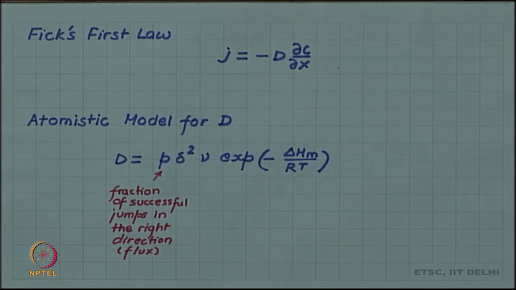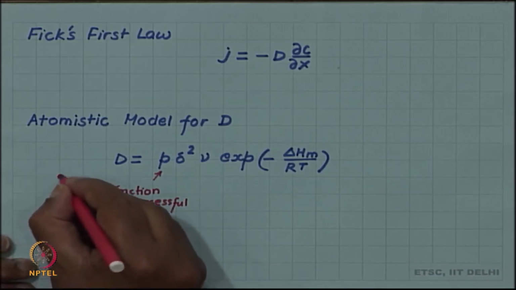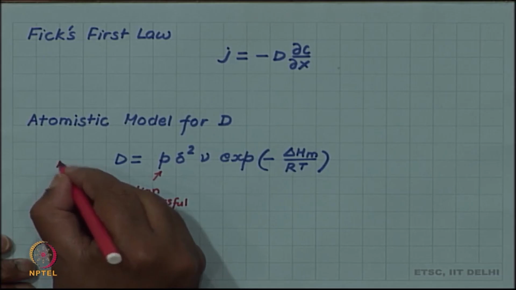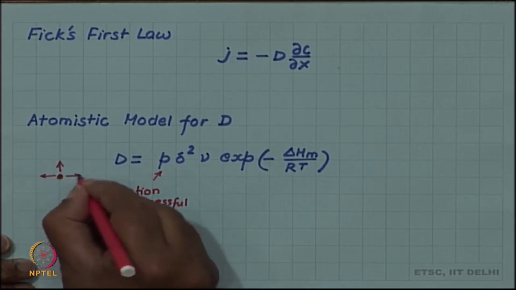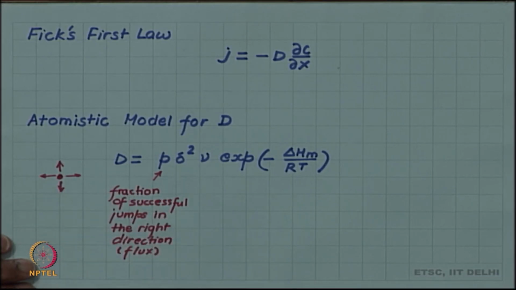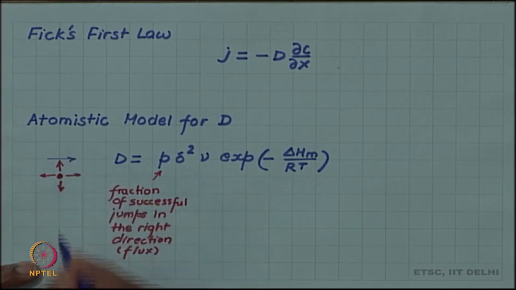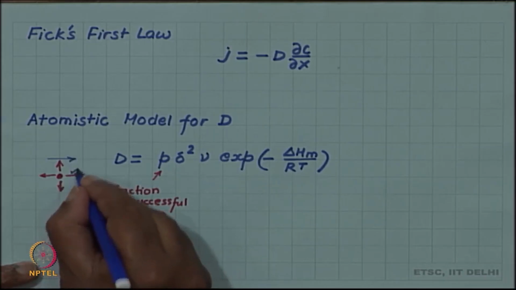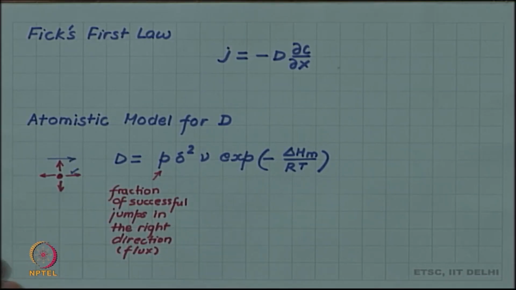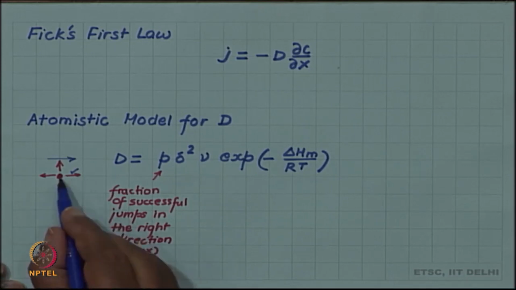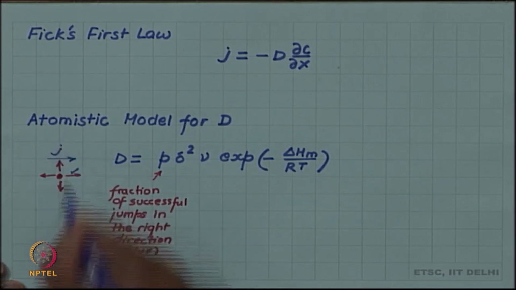So, that is the fraction P, because atoms are jumping randomly in any lattice, and a given solute atom may jump in any of the neighboring sites. For example, in this example it can jump into any of these 4 sites, but if I am thinking of diffusion happening in this direction, then only this one will give me a movement of atom in the direction of the flux.